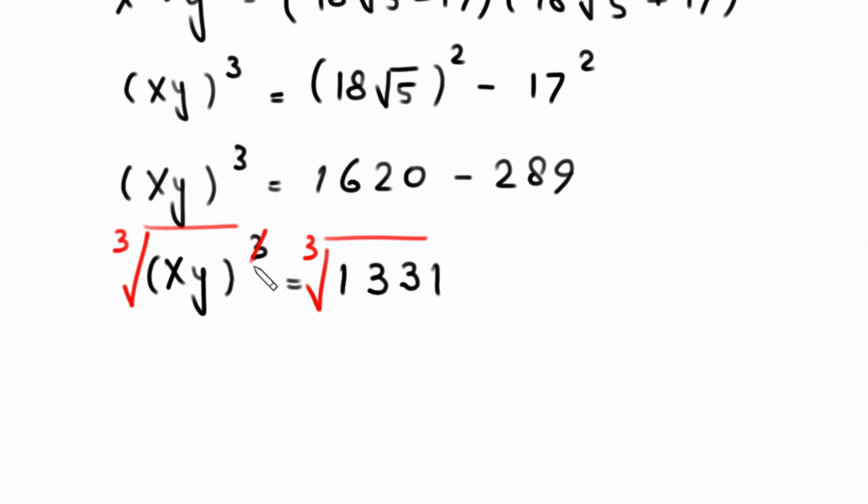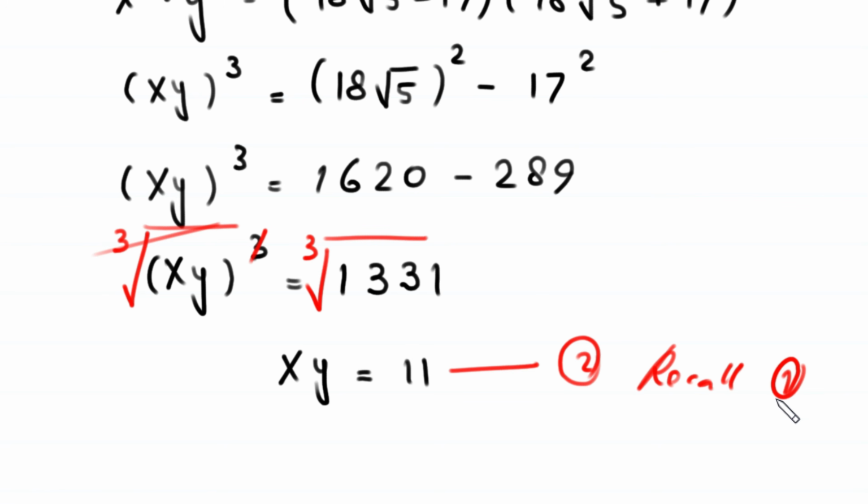So this cube will be cancelled with the cube root, and at left hand side we are left with x times y. And cube root of 1331 is equal to 11. Let's call this equation number 2.